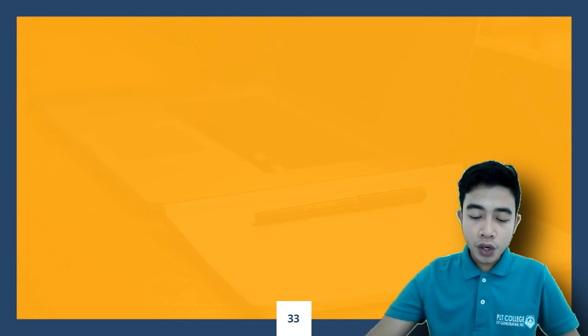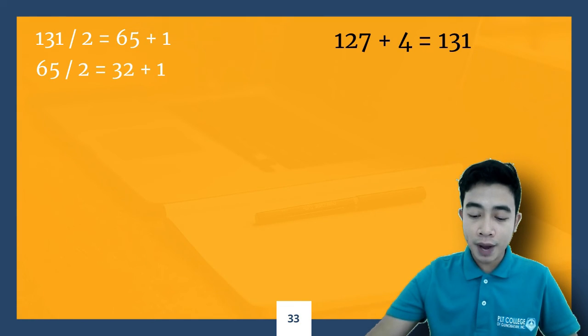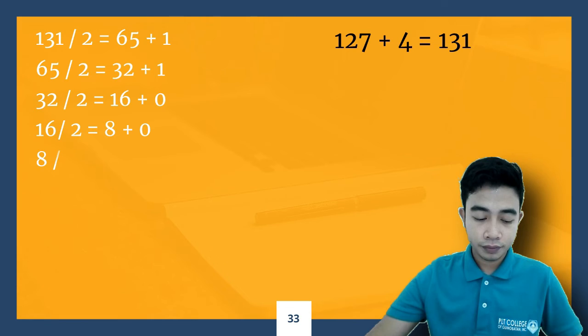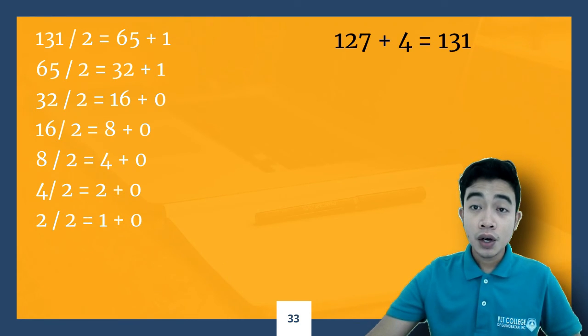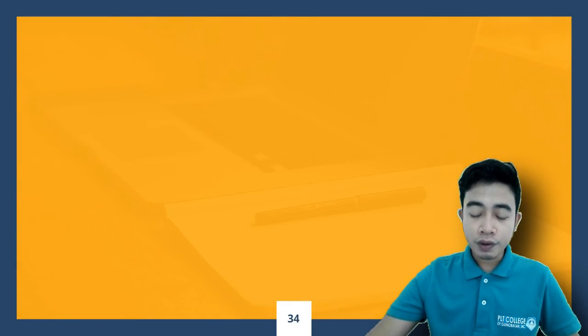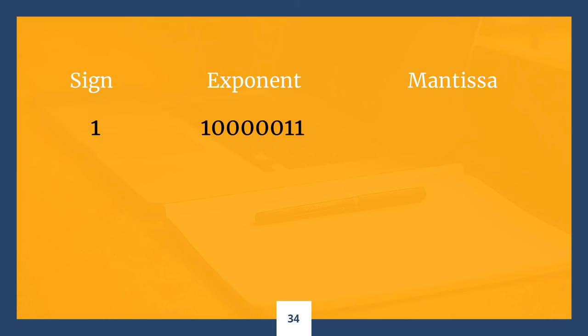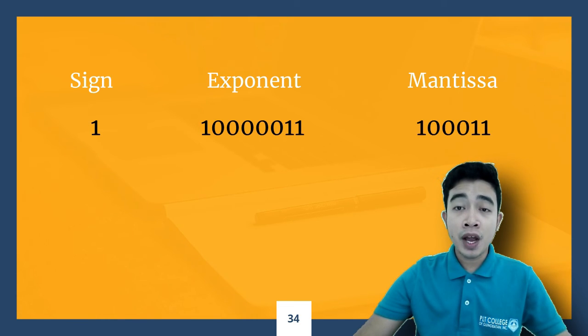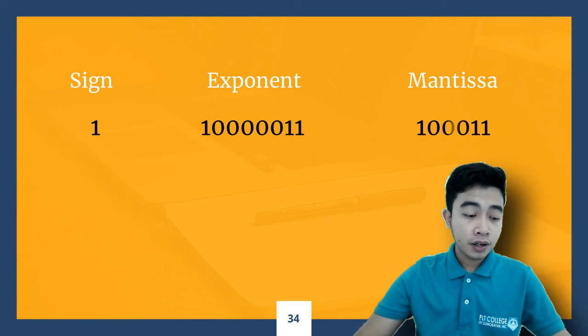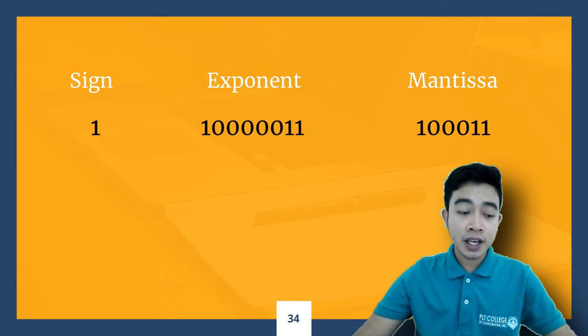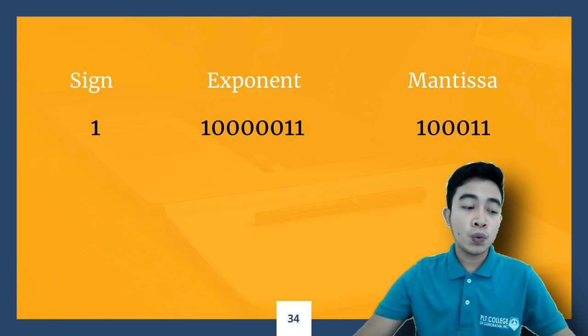Next, we are going to convert the exponent to the biased exponent. And then, we are going to store the results. Since our problem is negative, our sign bit is 1, and we are going to get the exponent from step 3, and for the mantissa, we are going to get it from step 2.